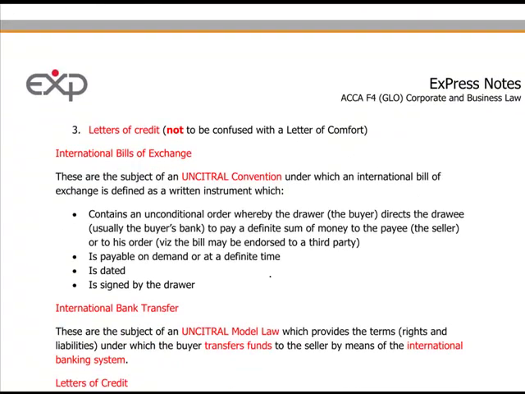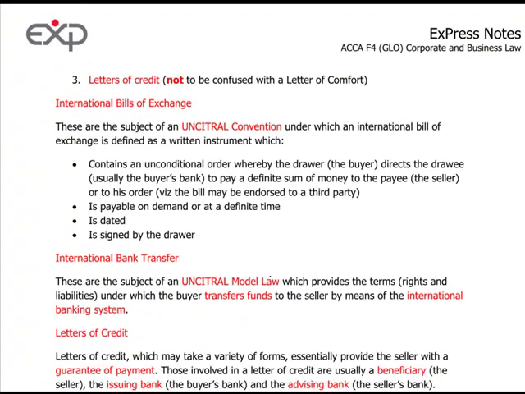International bills of exchange are subject of the Unilateral Convention, which basically means that they are defined as a written instrument which contains an unconditional order where the drawer directs the drawee, i.e. the people's banks, to pay a definite sum of money to the payee.